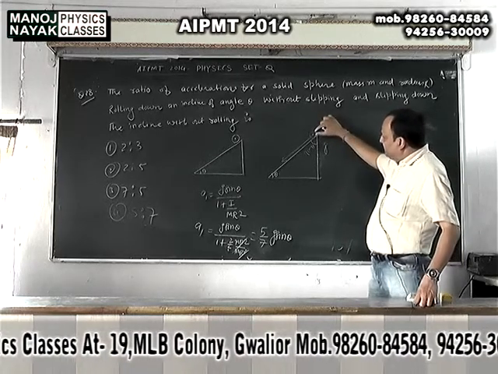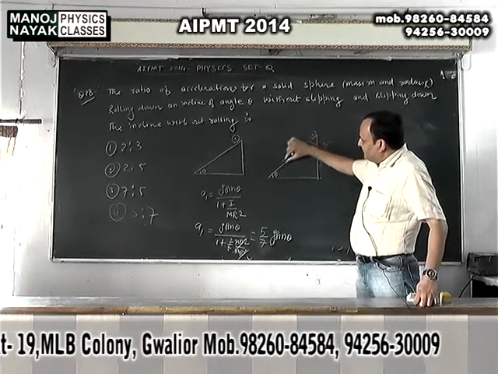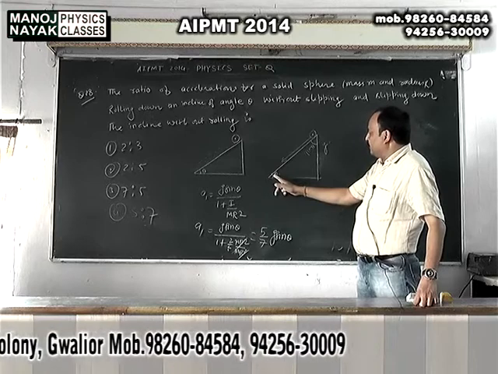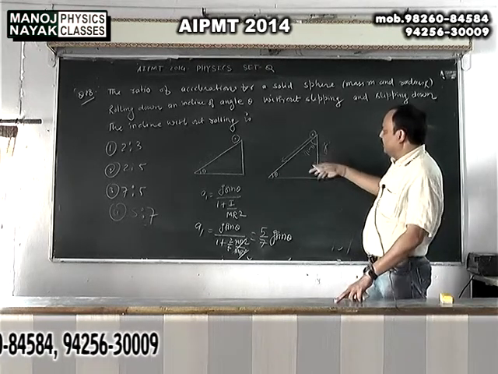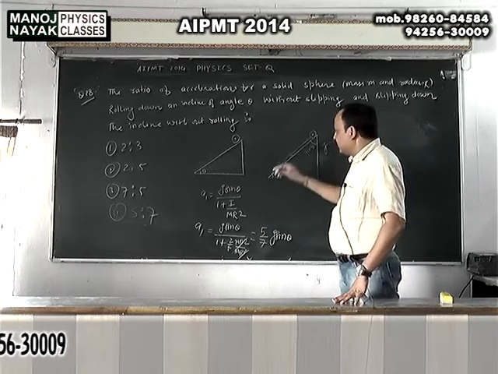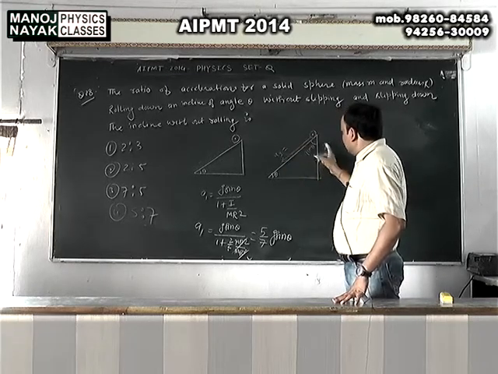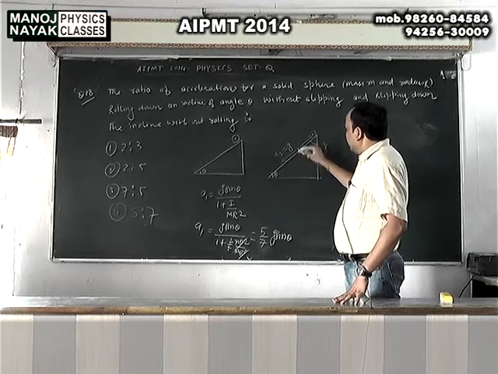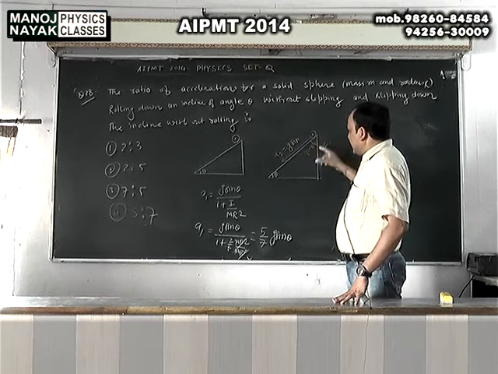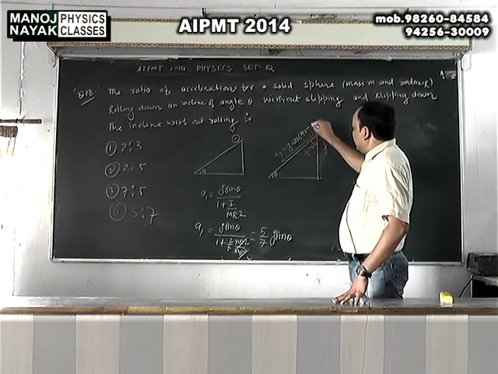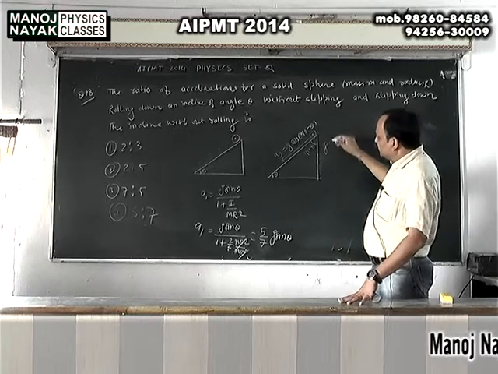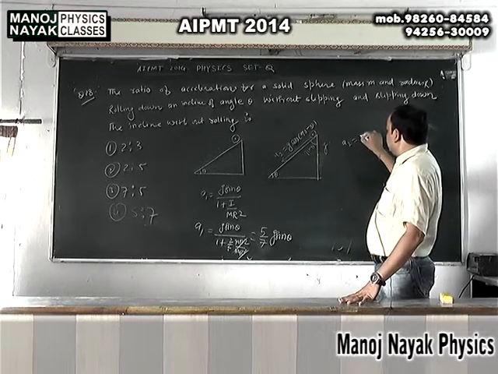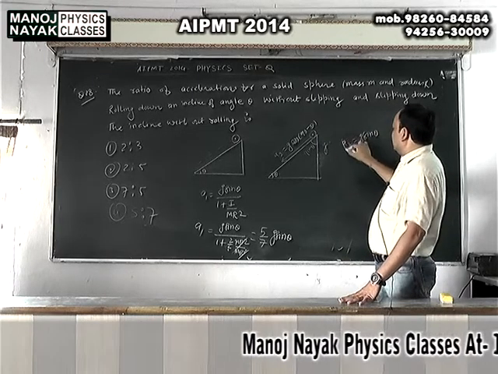But this sphere is sliding over this inclined plane without rolling. That means acceleration would be in this direction along the inclined plane. g cos(90 minus theta) would be g sin theta. So A2 is g sin theta.